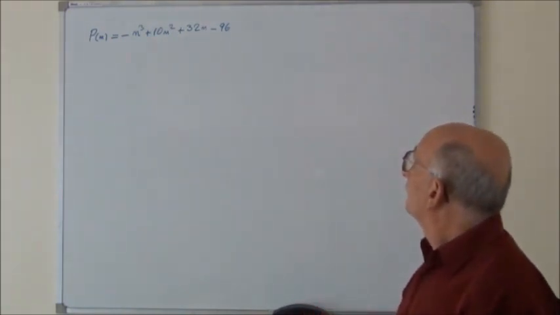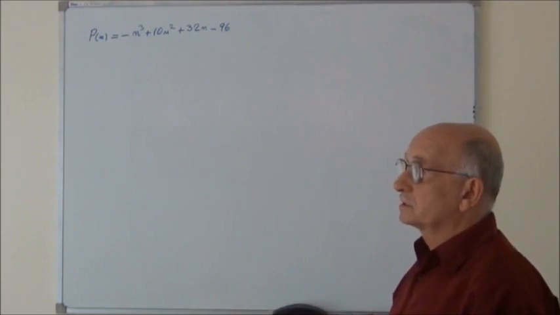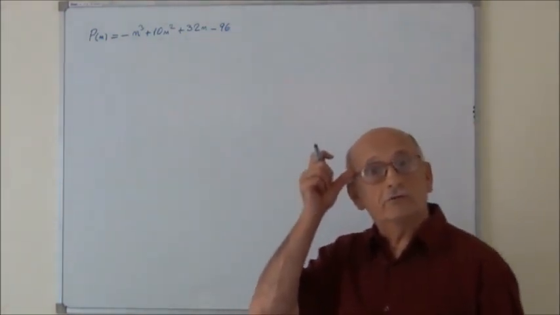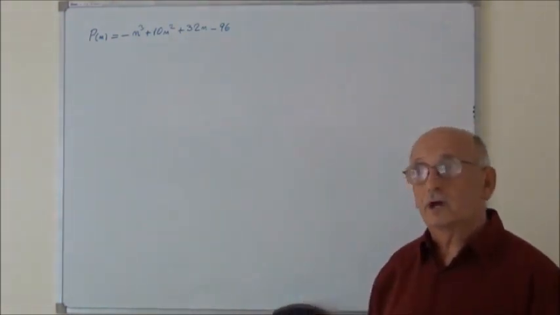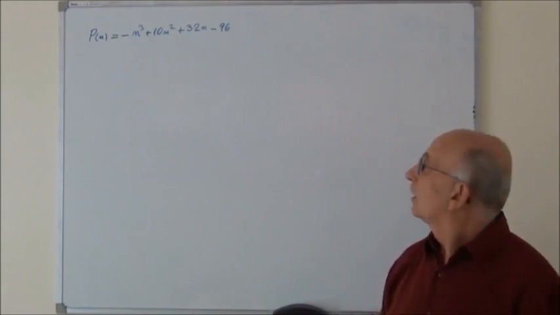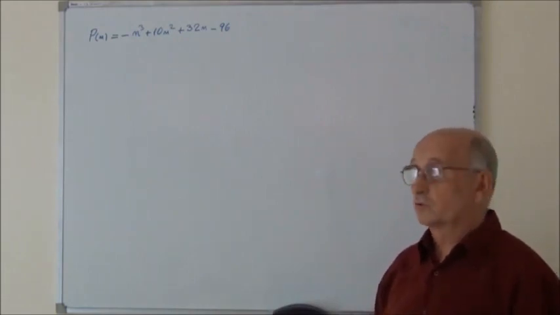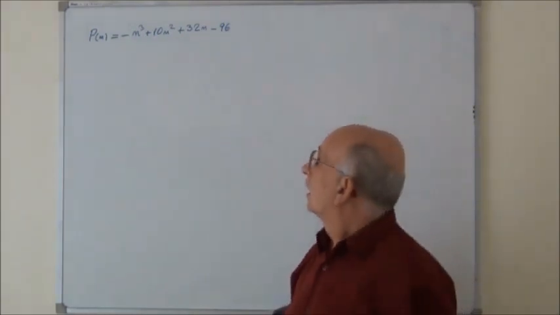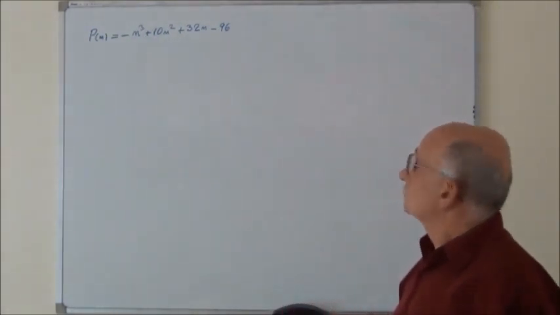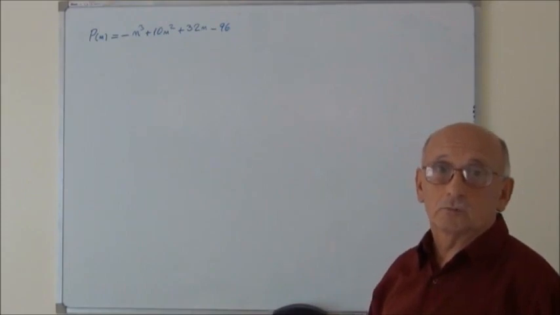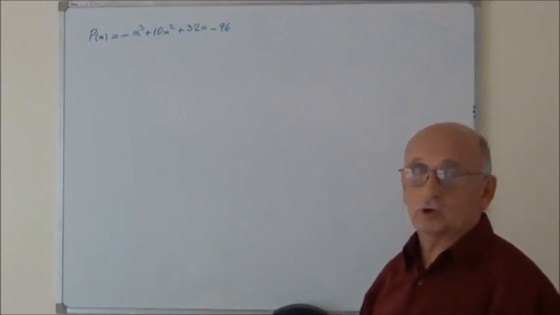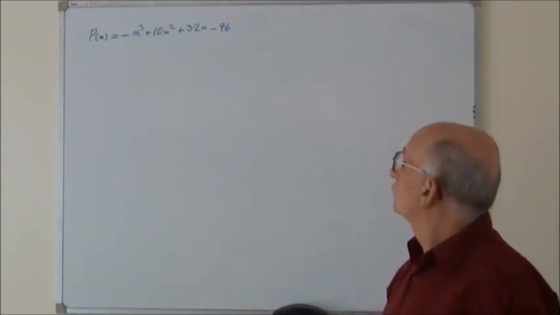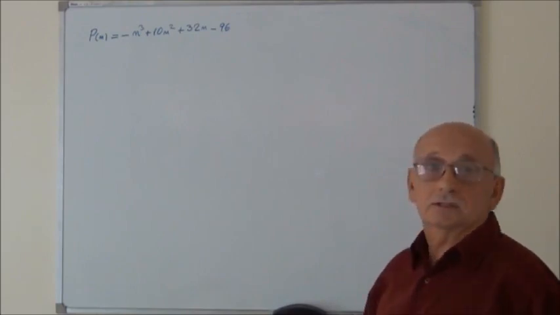And this equation represents how profit depends on the number of employees. Of course, profit depends on many other parameters, but we are concentrating here on how the number of people working in that small manufacturing company affects the profit.